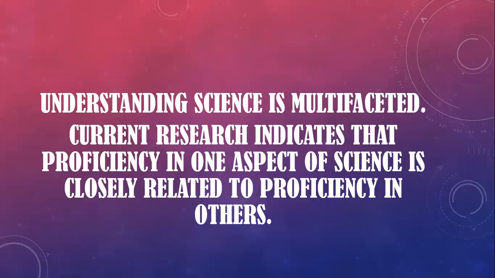Okay, so proficiency is defined as when you're proficient, you are well advanced. You have what? You're adept, you're good at, you're experienced, educated, you have practiced it, you are skilled. So your skill in science is also closely related to proficiency in others.